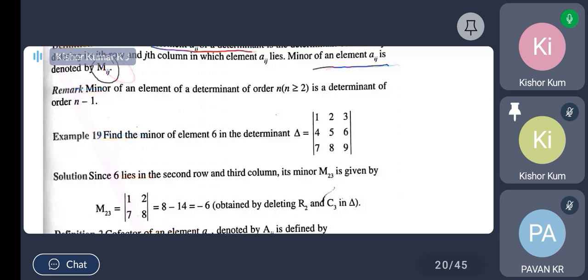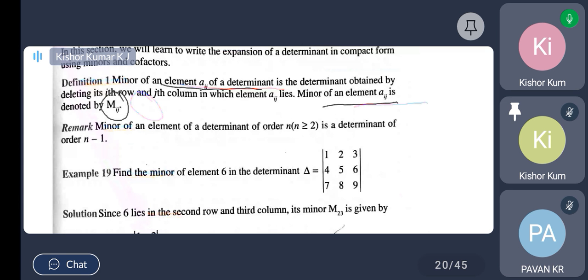I hope all of you understood the definition. The minor of any element aij means the common element we represent in the determinant, a11, a12, a13 like that. So commonly we consider it as aij. For any element you consider, there exists a minor.